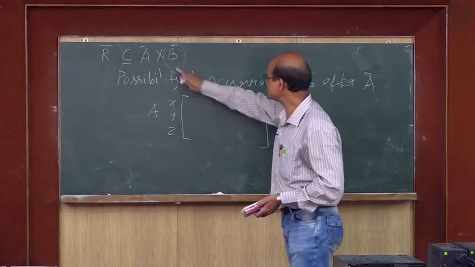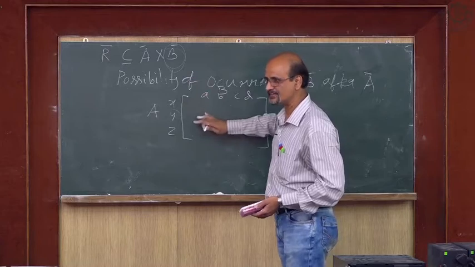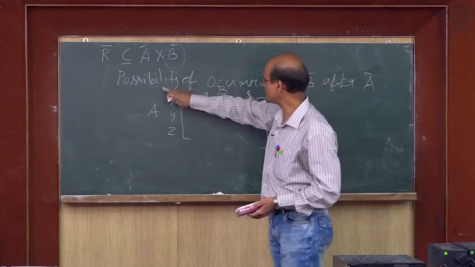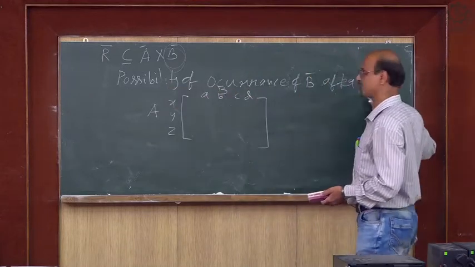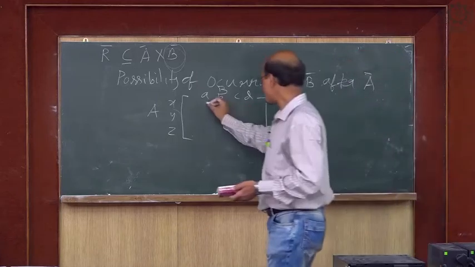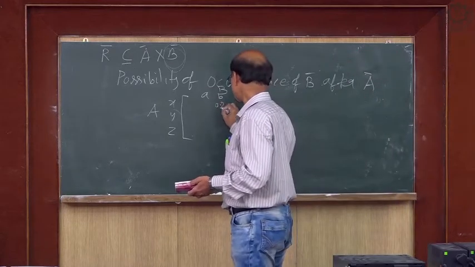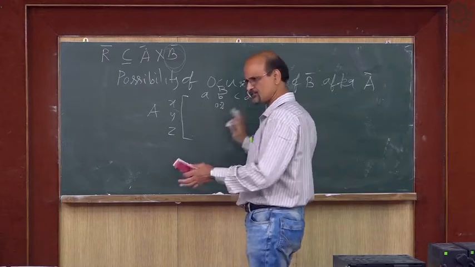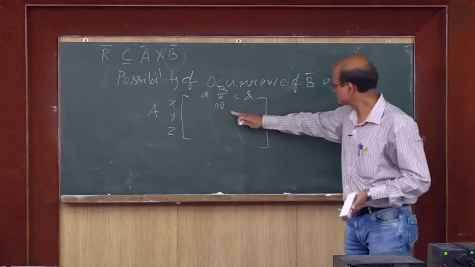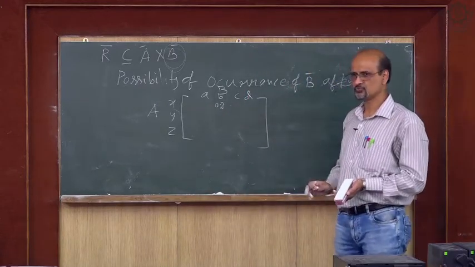Now, again, what does this tell? I already said possibility of occurrence of B after A. So, suppose I have here values as 0.2, 0.1, 0.3, all matrix elements are there. So, this is 0.2. What do you mean by that relation?